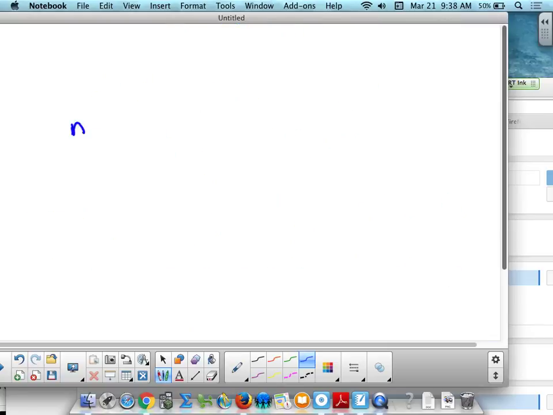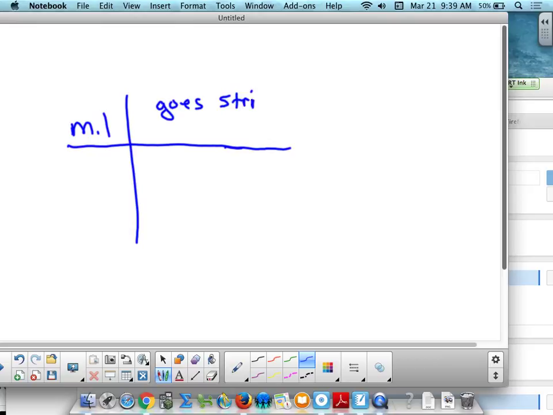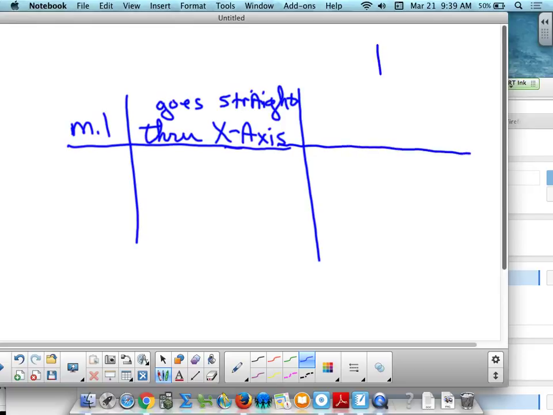Multiplicity of 1 goes straight through. And when you say through, you mean through the x-axis. How does it look graphically? Make a picture, guys. Just show it goes right through, just like that.